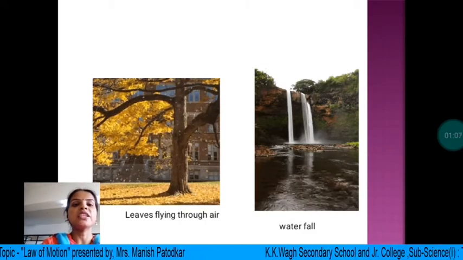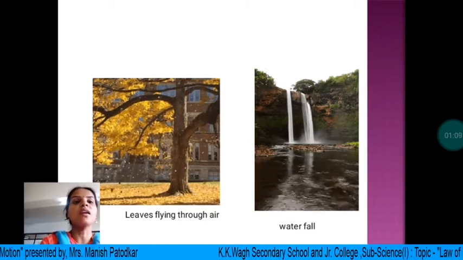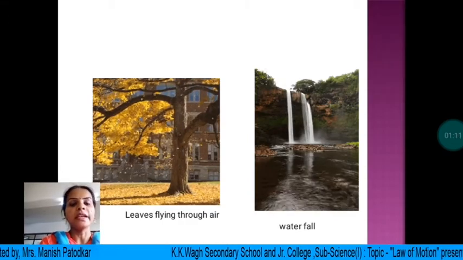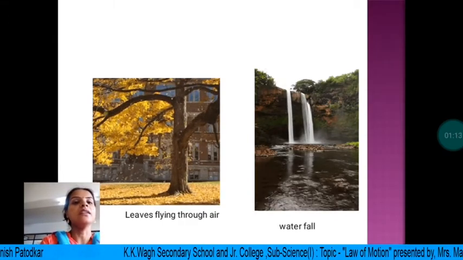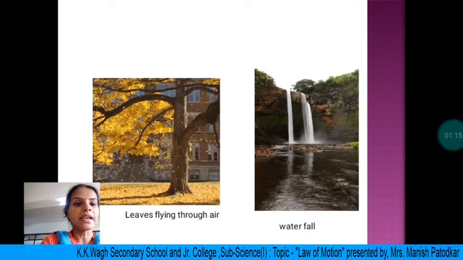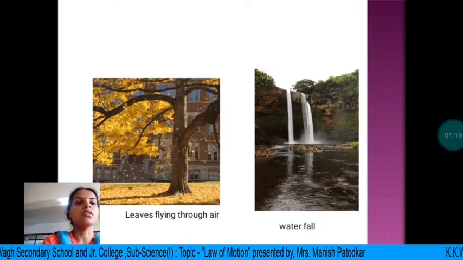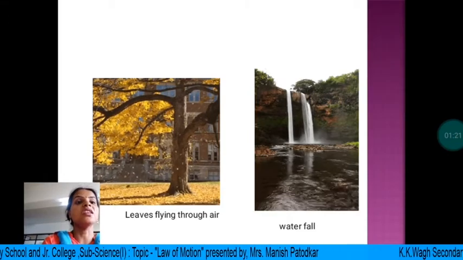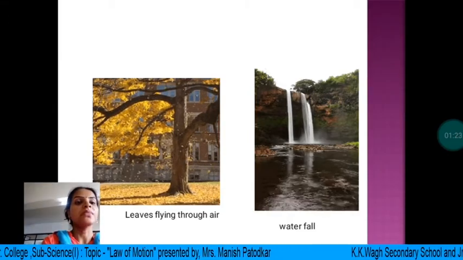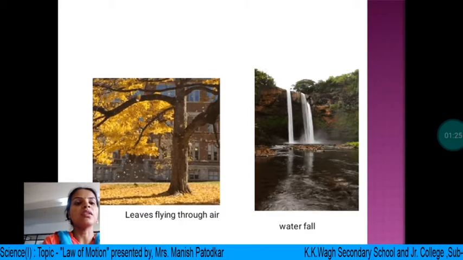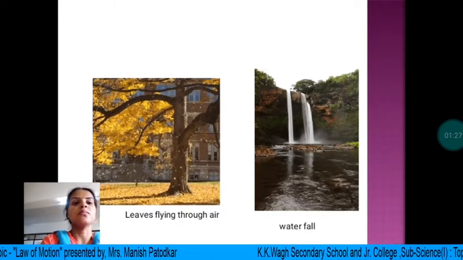It means they change their position from one point to another. It indicates that they are in motion. In the second example, the waterfall shows the water at the top changing its position from top to bottom. It means the falling water also shows a condition of motion.